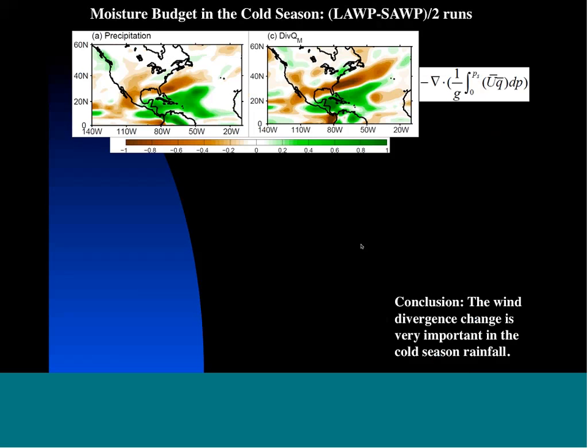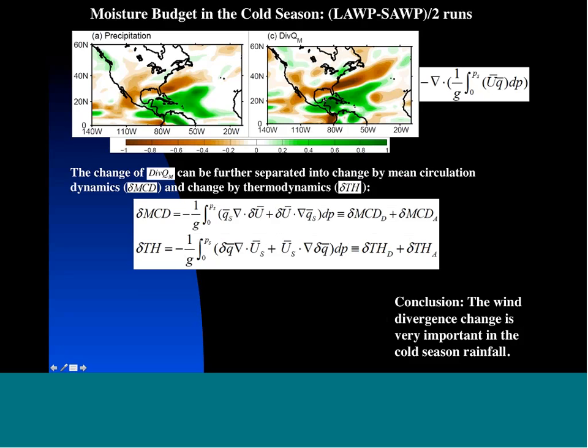Now here we show the cold season. The left panel shows the rainfall, and the right panel shows the moisture flux divergence. It's like this, mathematically. You see the two patterns are very similar, which indicates the rainfall is mostly controlled by moisture flux.